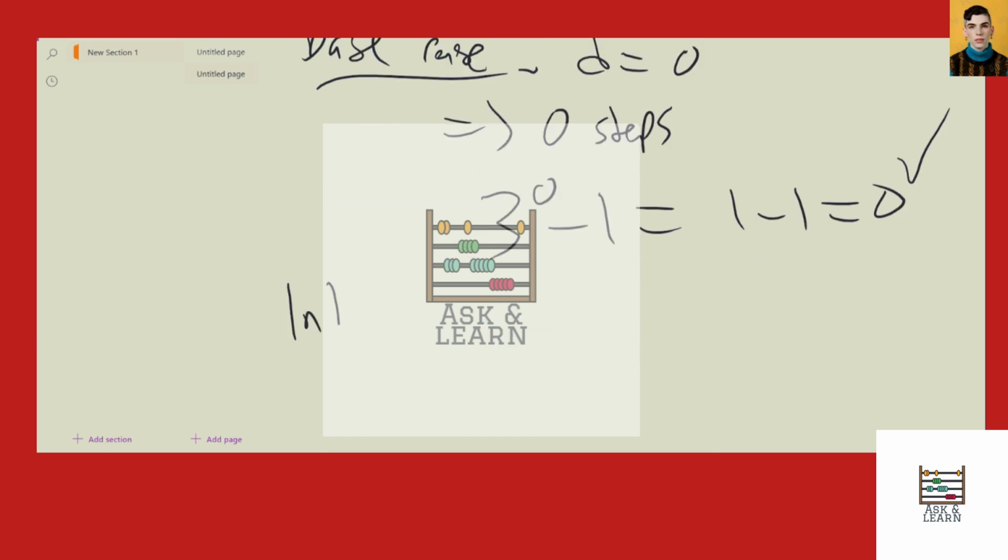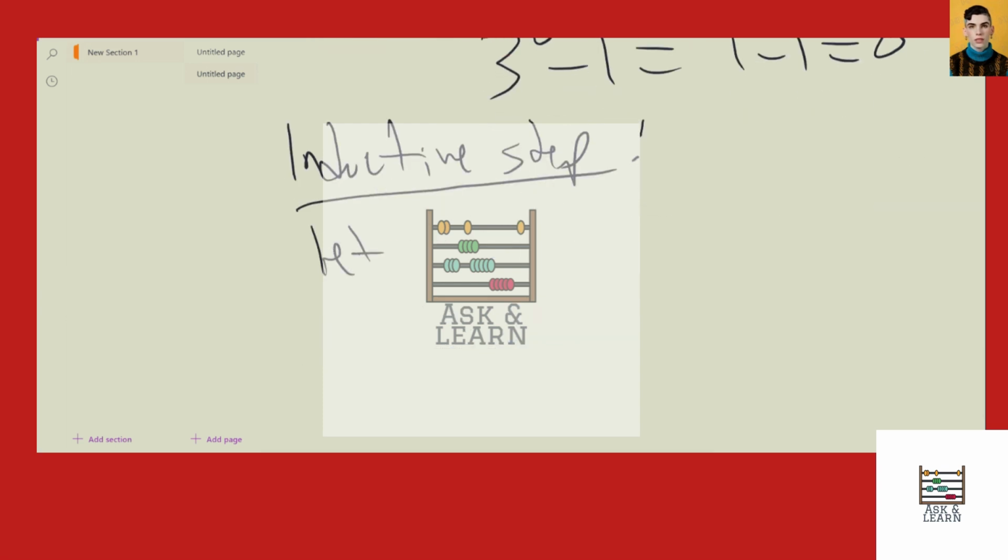Now for the inductive step. First you want to assume that our hypothesis P of D is true.